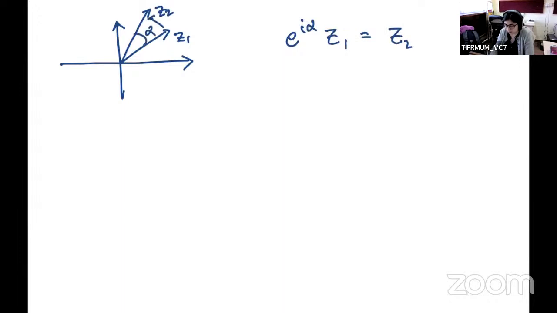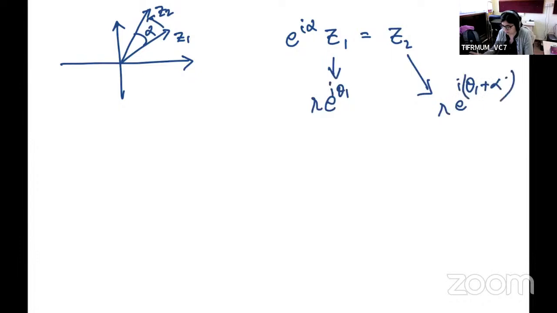So this is just what this rotation is. z1 had some phase to start with called, say, theta1, which was some r e to the i theta1, and this now has r e to the i (theta1 plus alpha). Right? So this is what you have. You can think of your field having this internal degree of freedom that you are rotating by applying this kind of extra phase.